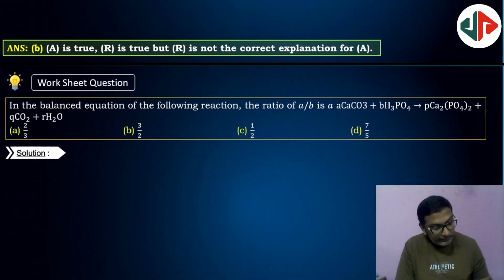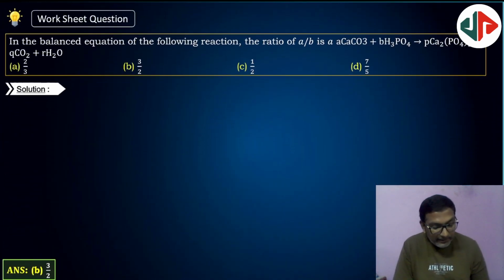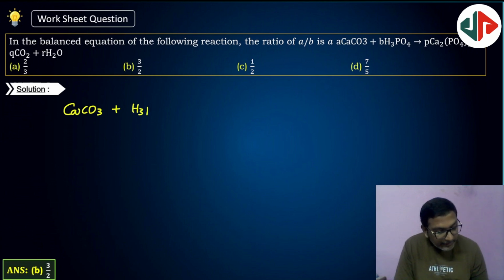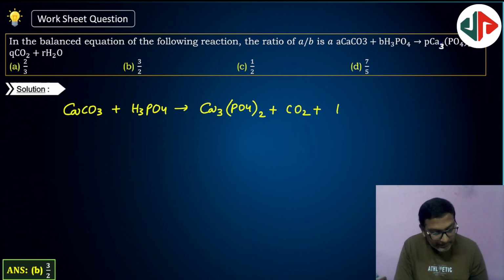Next, the balanced equation A by B is: CaCO3 plus H3PO4 gives Ca3(PO4)2, Ca3 should be there, plus CO2 plus H2O. So here make it 2, here 3.